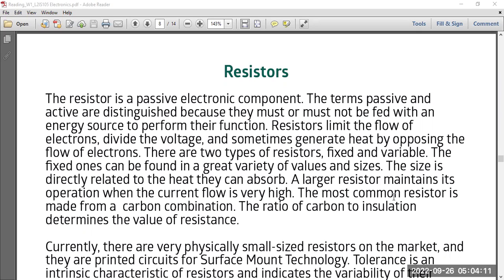So first of all, what do we understand by the word resistors? The word resistor is actually inspired by the word resistance. And resistance means offering hindrance in the flow of something. As we are dealing with electrical circuits, resistance is particularly offered to the flow of electrons or the electric current.